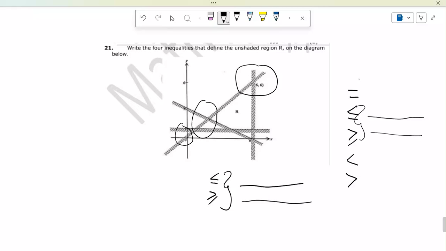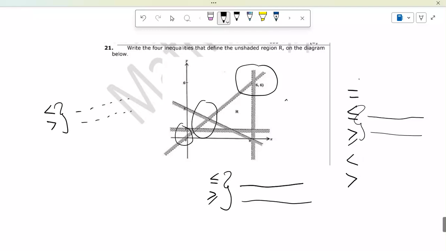Then for the strict less than and greater than, we use a dotted line. So you need to know, before you even start solving, what kind of line it is.